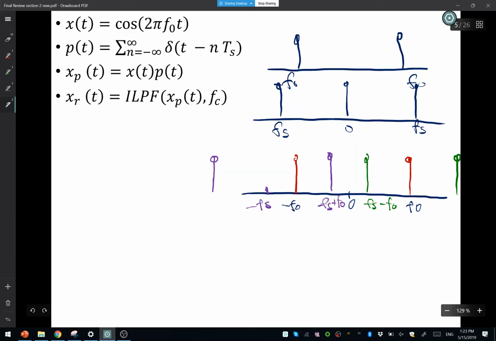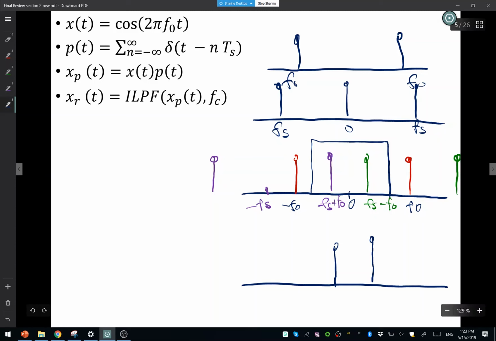So if we use a low-pass filter, that's going to cut half fs on each side. So it's going to cut this piece out. So after the ideal low-pass filter, we're going to get two spikes, but these spikes are not the original two spikes. These are minus fs plus f0 and fs minus f0.